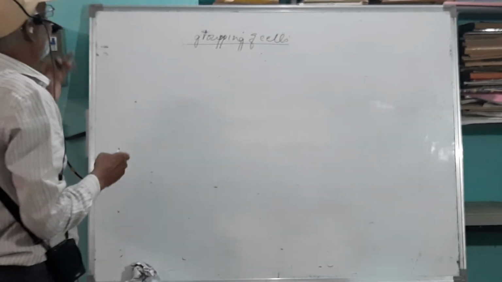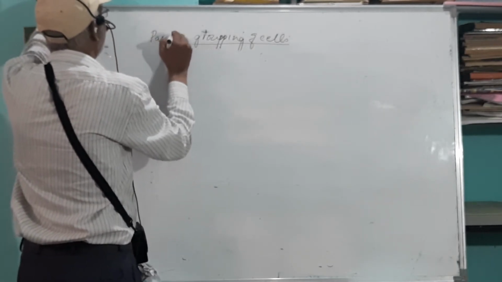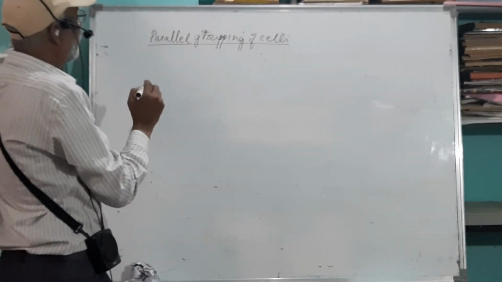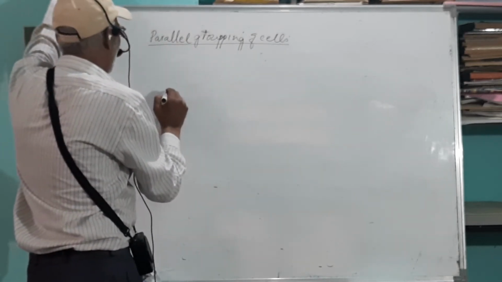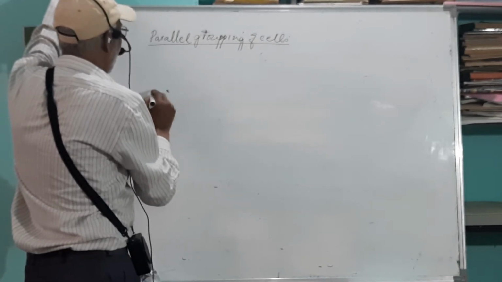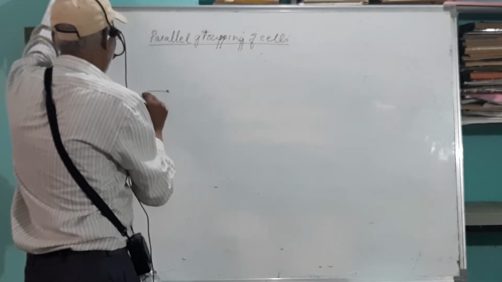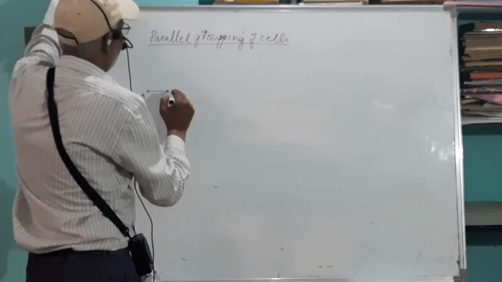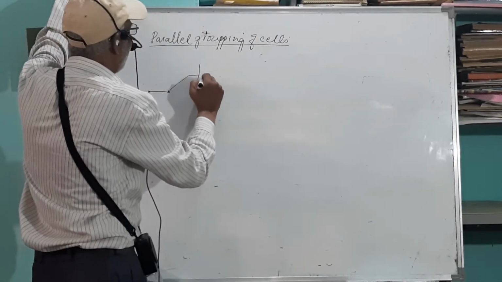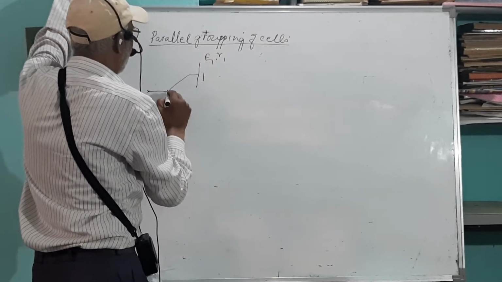According to the definition, parallel grouping of cells. See here, what you have to do: these are the two points. This you can call point A. This is the first cell, its EMF is E1 and internal resistance R1.